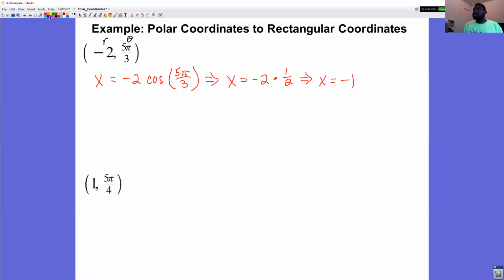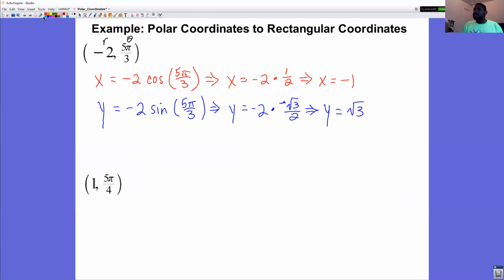Then we're going to do y, and that's -2 sine of 5 pi over 3. That's y equals -2 times negative square root of 3 over 2, which is the value of sine of 5 pi over 3. So y is going to give you positive square root of 3. So the rectangular coordinates for this polar coordinate are (-1, square root of 3).